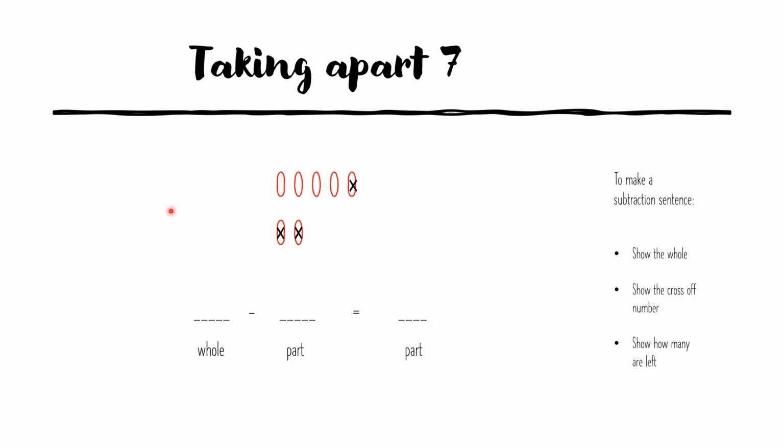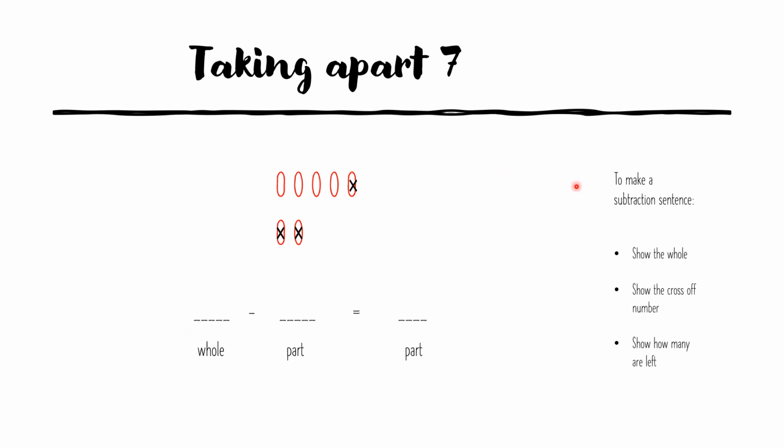Kindergarten, now that we've completed our number bond and our drawing, now we want to write an equation. Remember, our equation should match our number bond. In other words, the numbers should be the same. Whatever numbers you used in your number bond should be the same numbers that you use in your equation.